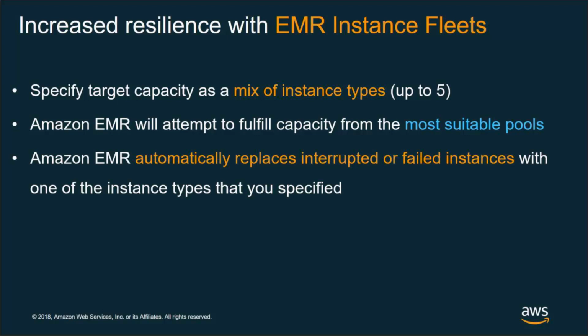When Spot instances get interrupted, or when EC2 instances fail, because instances fail as well, it's not just Spot interruptions that we need to think about, EMR is able to replenish that capacity and replace the interrupted or failed instances with one of the other instance types that we specified. So here we're really increasing the resilience of our EMR cluster.